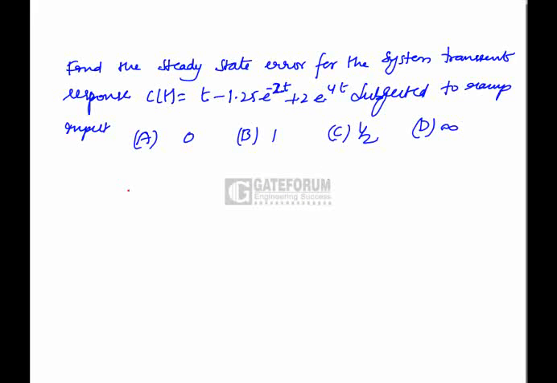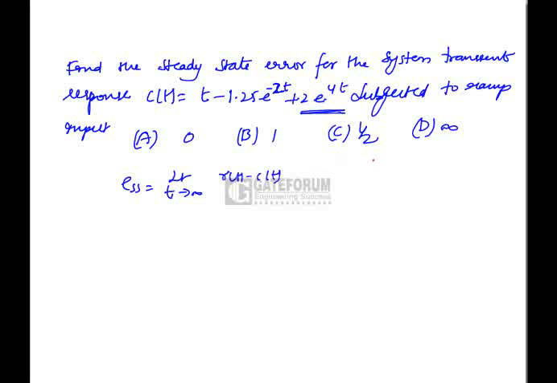Given c(t), that is the system response, t minus 1.25 e power minus 2t plus 2 into e power 4t, which is subjected to ramp input. Now what is the steady state error? Steady state error is defined as the limit t tends to infinity of r(t) minus c(t). If you see here, we have the e power 4t function. At t tends to infinity, what happens?